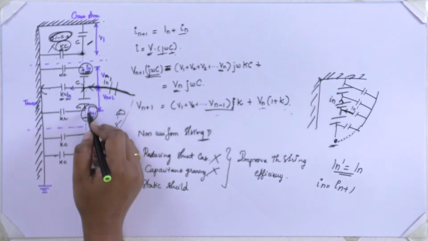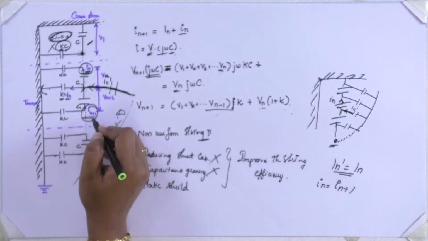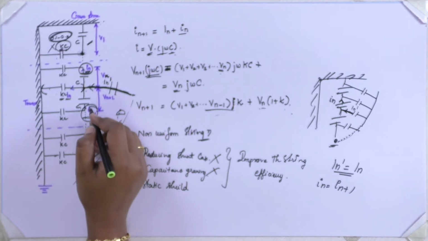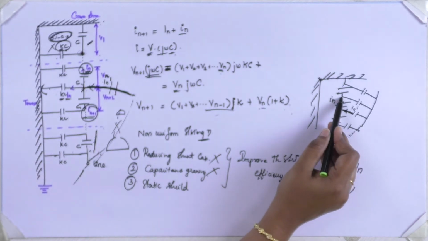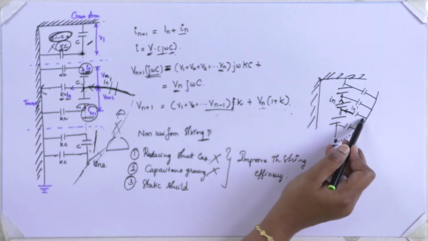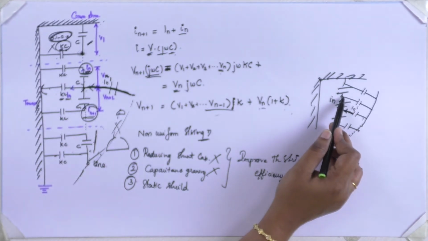So by maintaining this, the voltage across N and N plus 1 will be equal. We can also adjust the shape of the ring, so the distance between this point and this point is higher compared to these two points. The capacitance will be compensated for the region where we don't want much capacitance because of the reduced stresses.